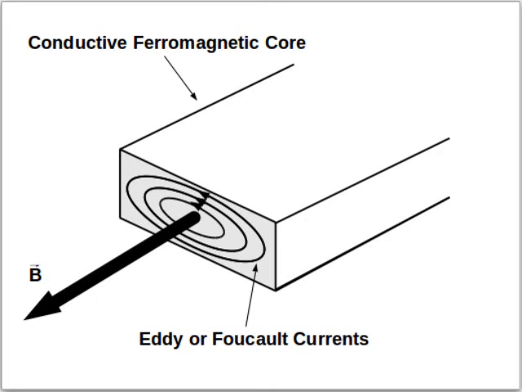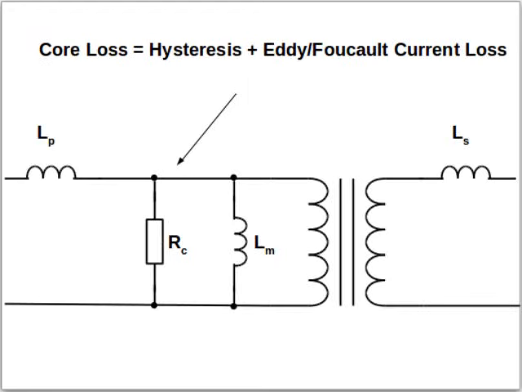If the core is conductive, the magnetic field inside will induce what is called eddy or Foucault currents, which will produce losses too. This is added to hysteresis loss to compose what are collectively known as core losses. They are proportional to the peak magnetic field, the frequency and the core mass, and are represented by a resistor in parallel with the primary.